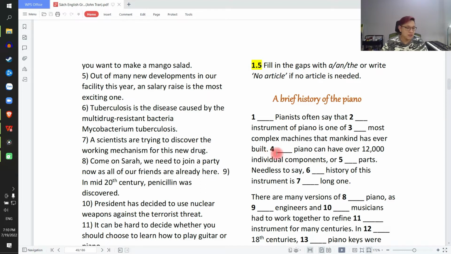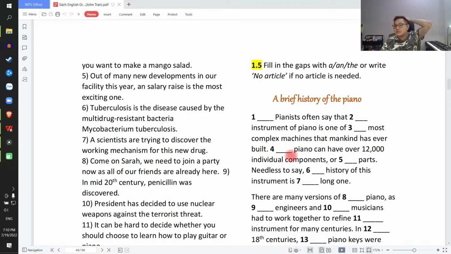Number 4 is a piano can have over 12,000 individual components or parts. The article A can mean one piano.